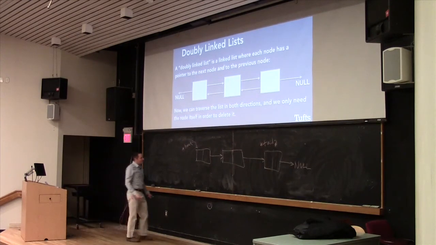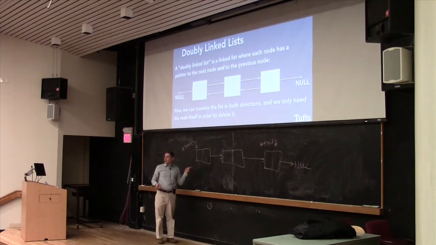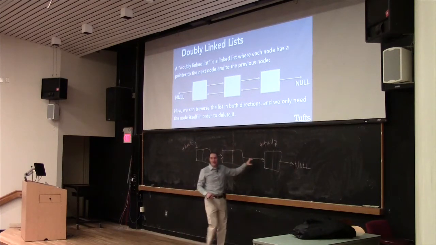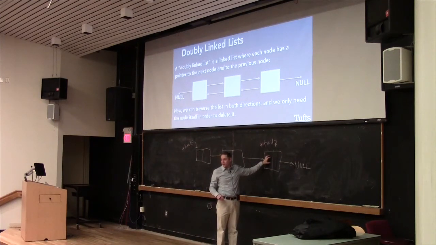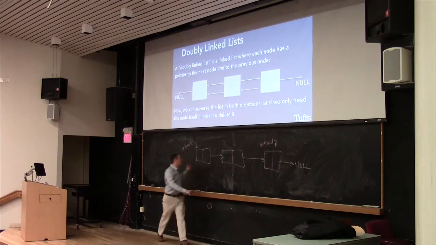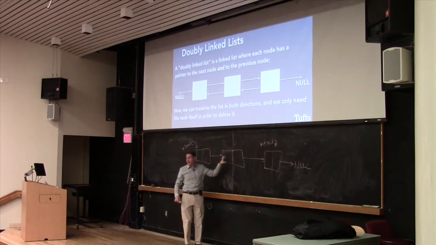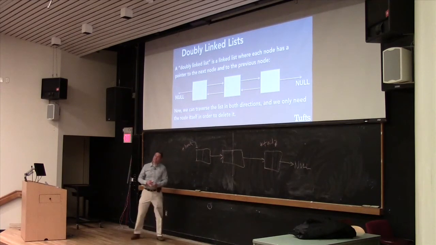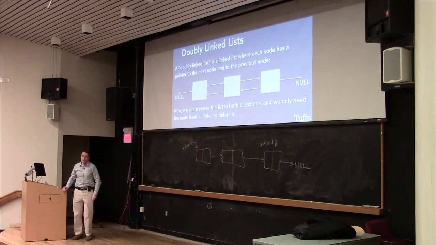You want to print the last one. So you go to the head here, and then you walk through it until you find the last one, and then you print it out, right? And then you go back to the head, and you walk through until you find the second to last one, and you print it out. And you go through, and that's not necessarily the most efficient thing to do, right? So that's kind of one of the limitations of a singly linked list.